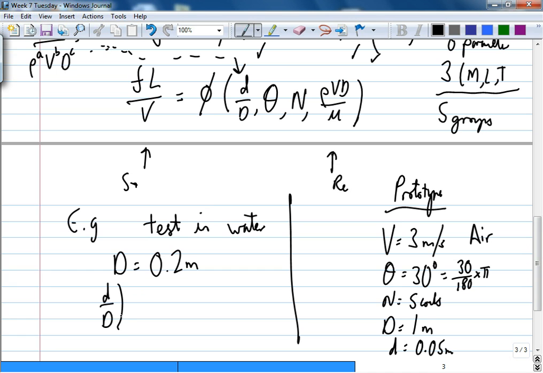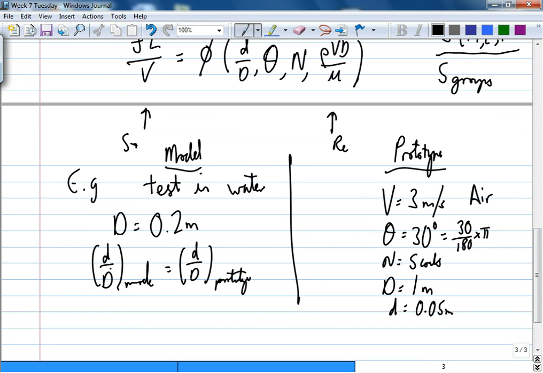Big D over small d of the model, the testing model, is equal to big D over small d of the prototype. So the length ratio, it is geometrically scaled up. In this case, for the model big D is 0.2, small d we don't know.